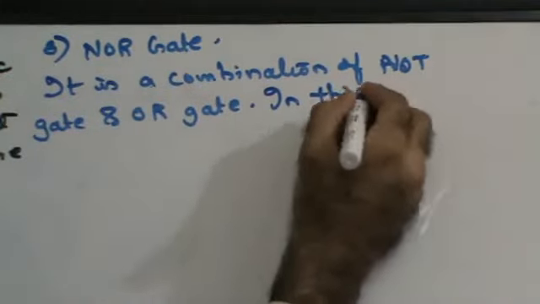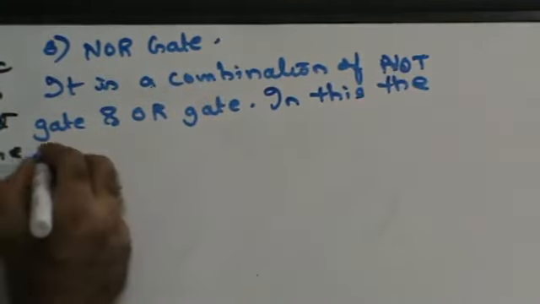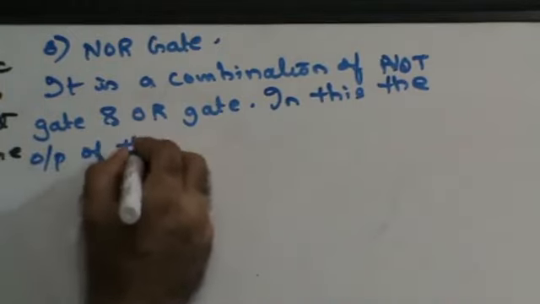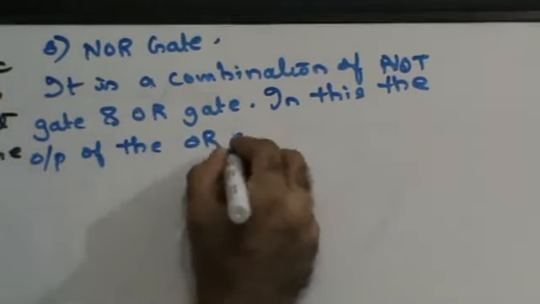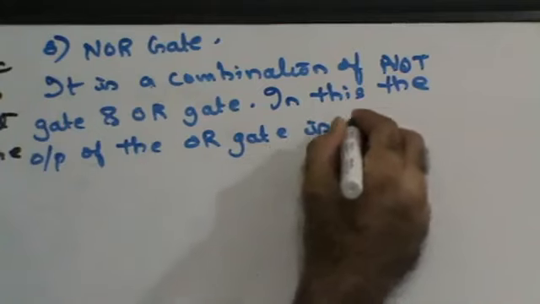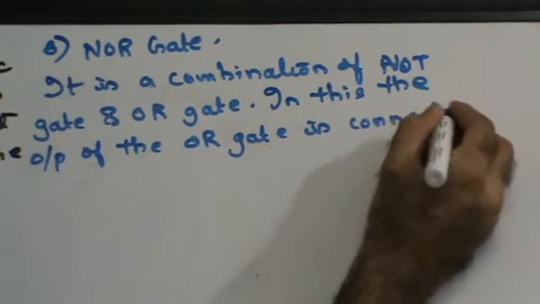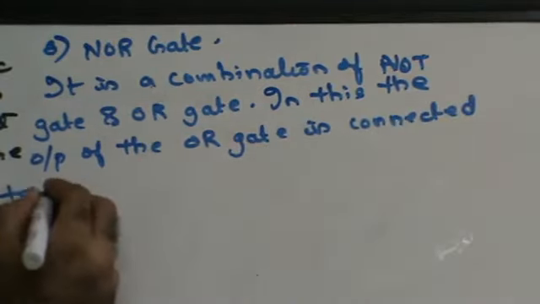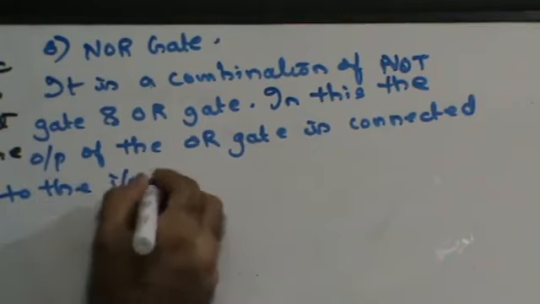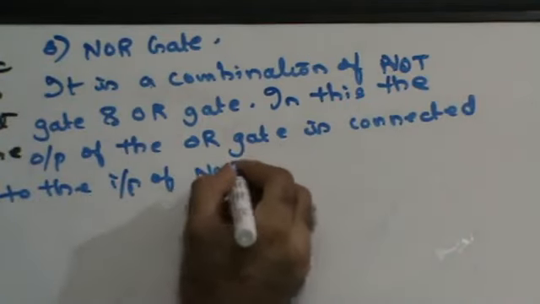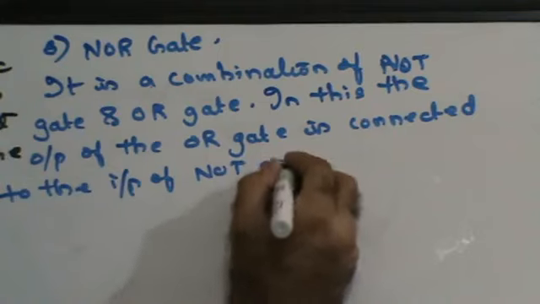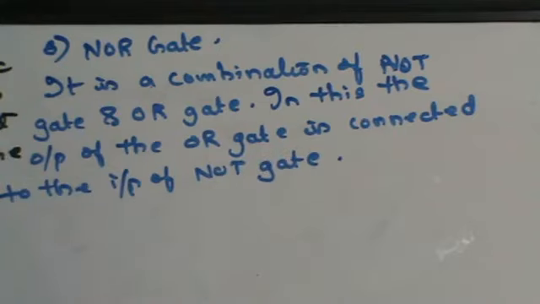Thus, the output of the OR gate gets inverted to form the NOR gate.